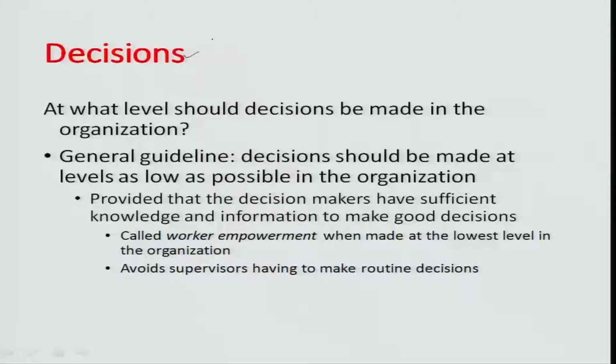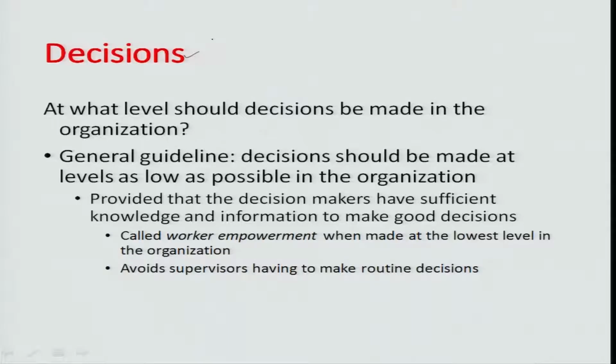So, let us now talk about decisions. It is very important that when we are talking about organizational tasks and organizational structuring, at what level decisions have to arise and what are the kind of decisions, are there any guidelines which should be followed regarding the decision making process, has to be properly addressed.